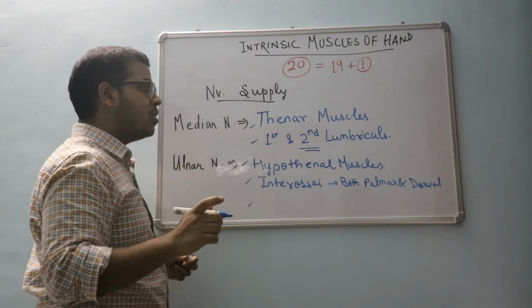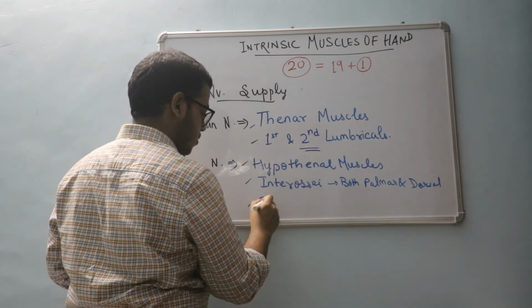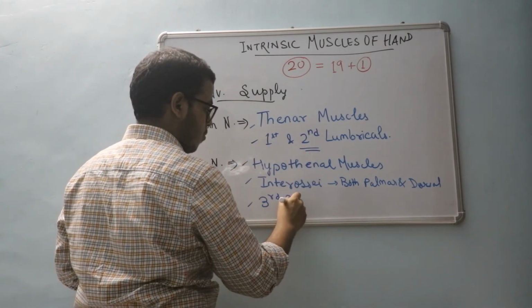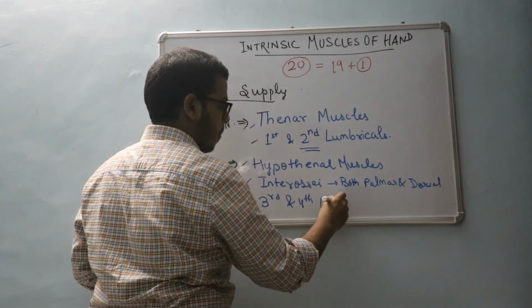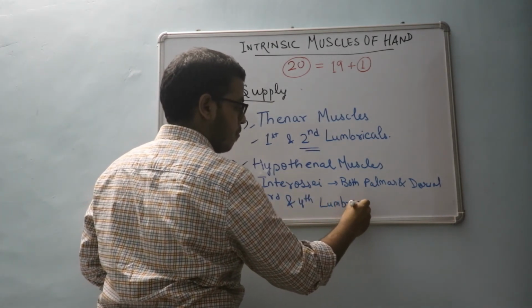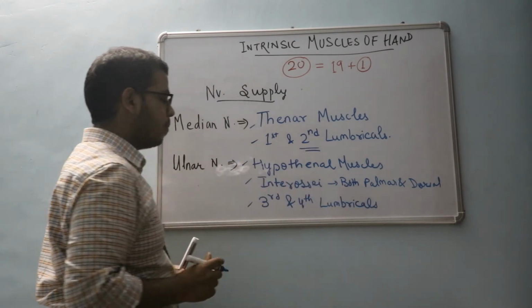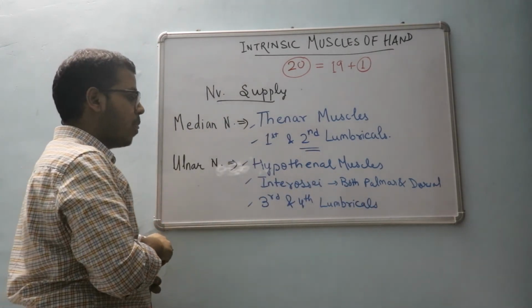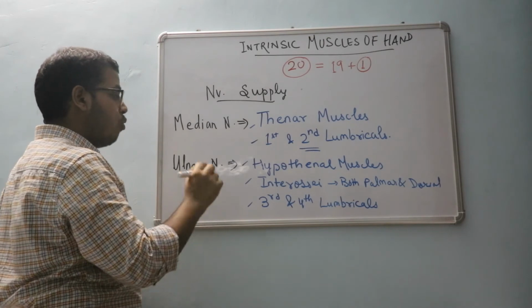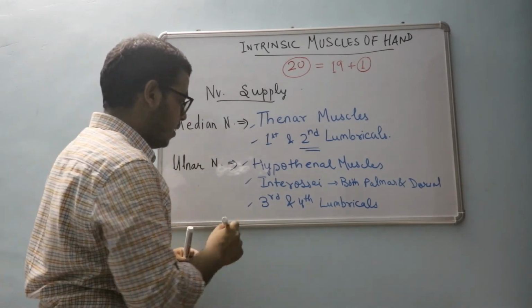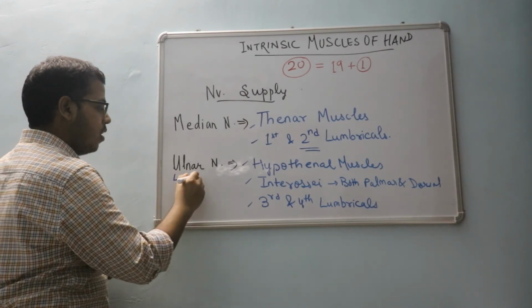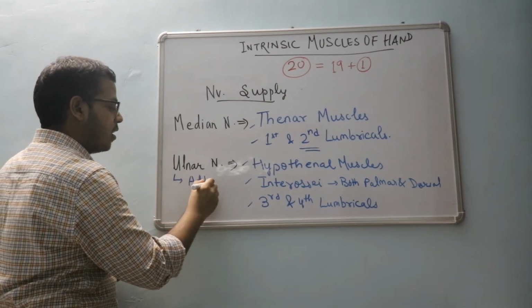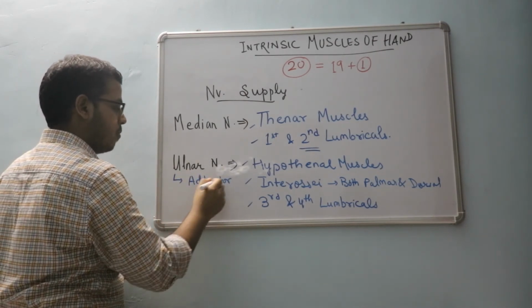It also supplies the third and fourth lumbricals, and one more muscle that is supplied, let me write it down here, is the adductor pollicis.